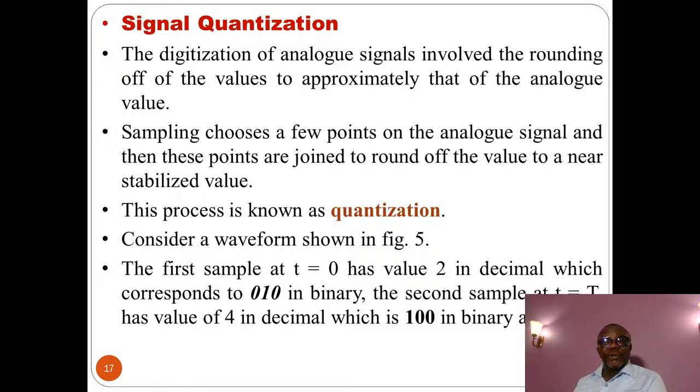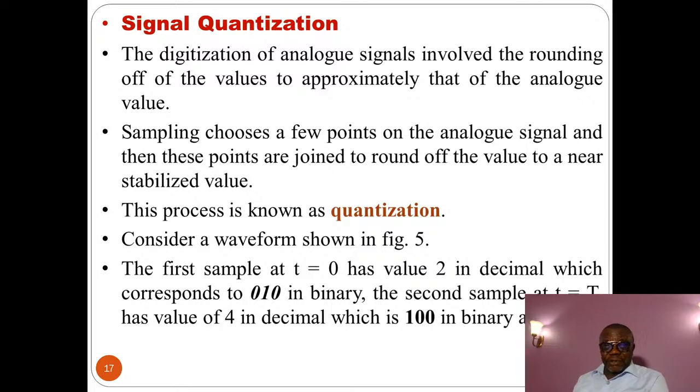Now, we come to a very important portion here, which is signal quantization. The digitization of analog signals involves rounding off the values to approximately that of the analog signal.